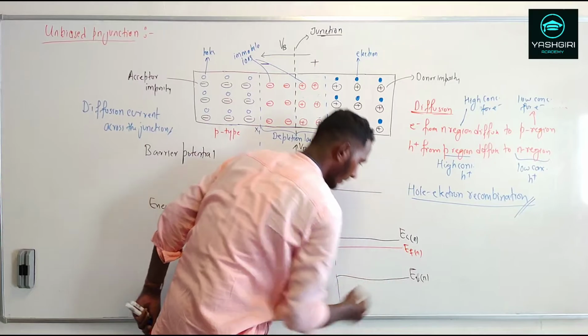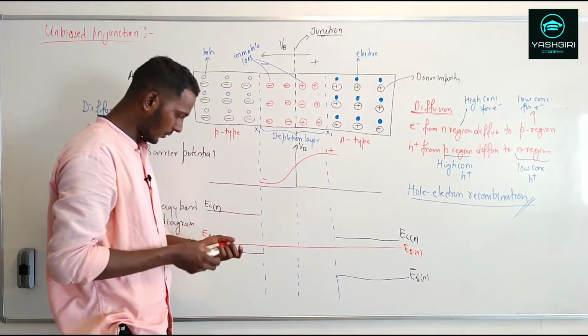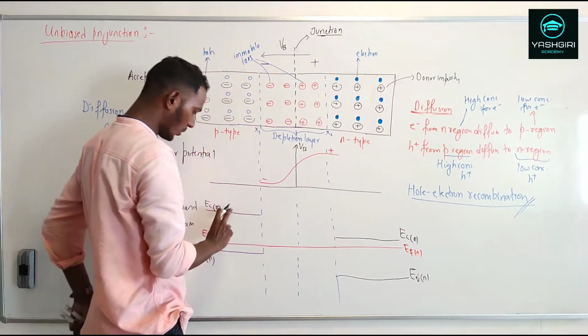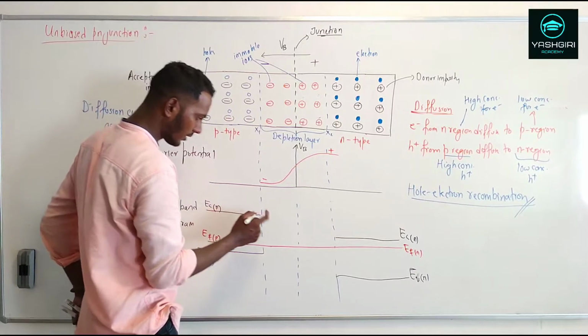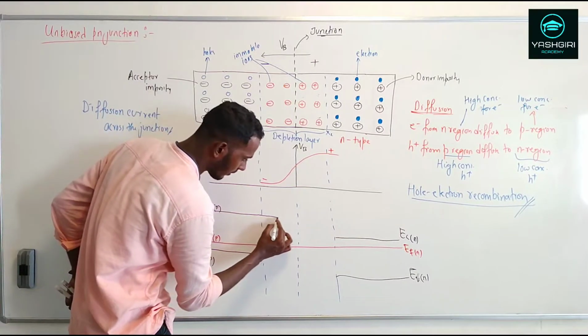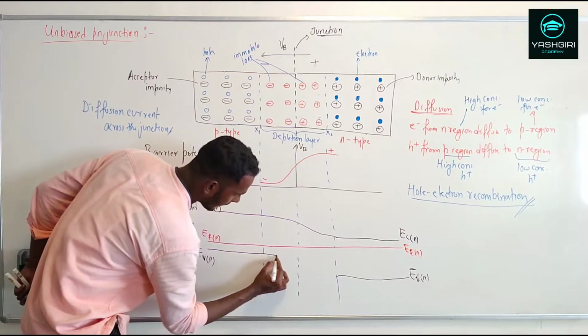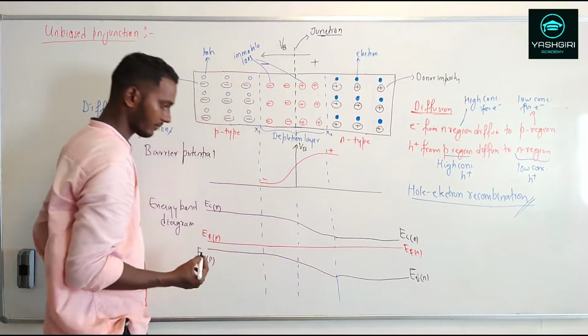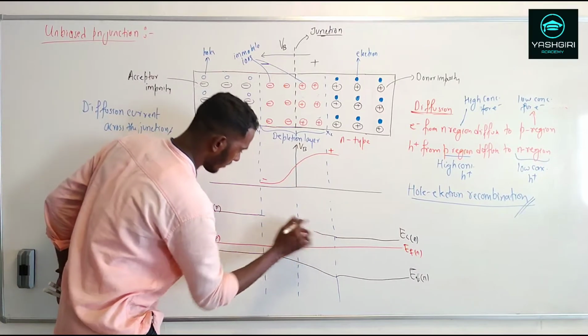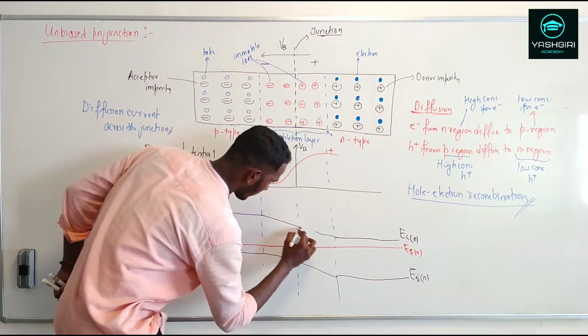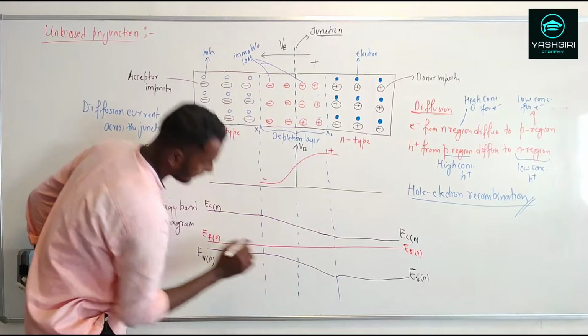Then afterwards you can just join this conduction band to the conduction band like this. Here the valence band will be joined to the valence band. Okay, so this is my conduction band.